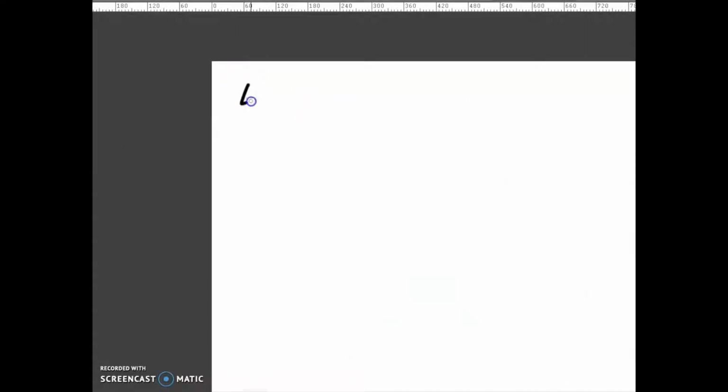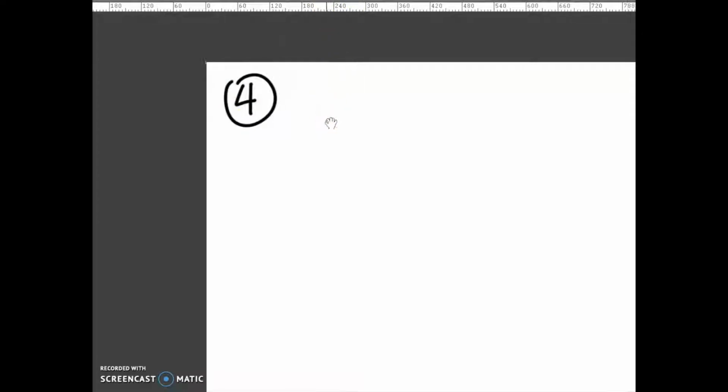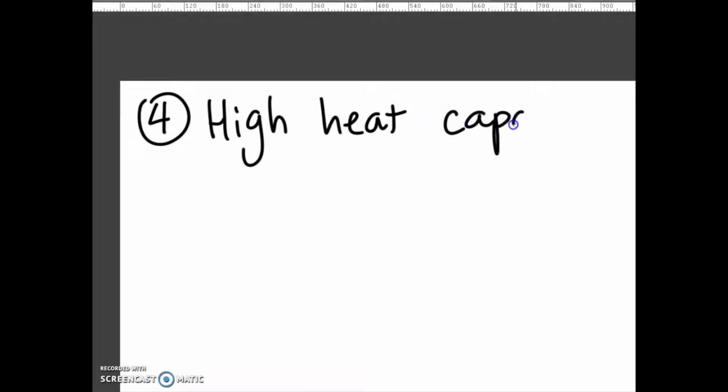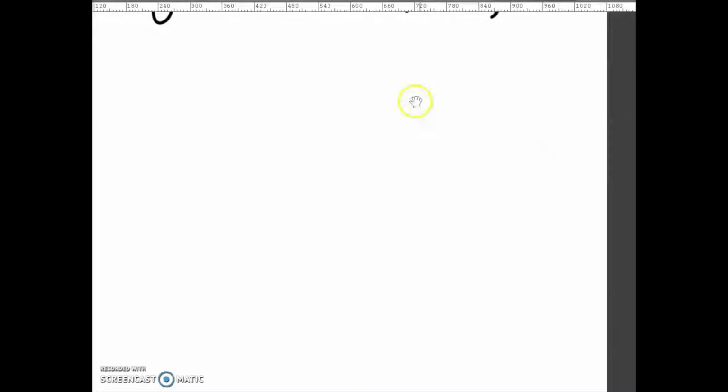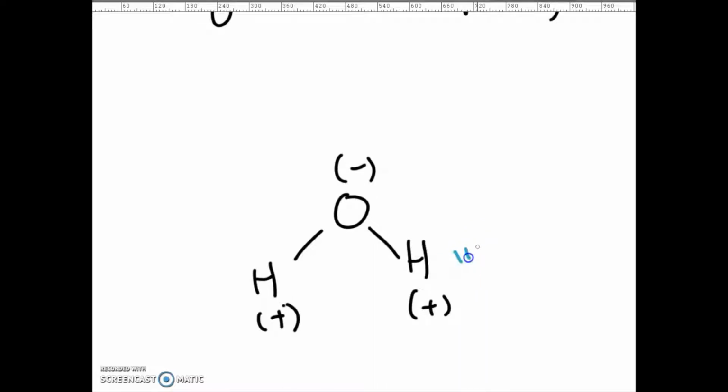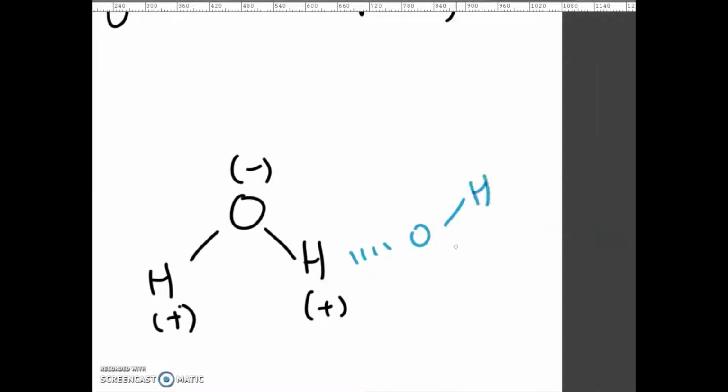All right, your next one, 4 out of 5, almost done. The fourth one is a high heat capacity. So a single water molecule, with its positives and negatives, can actually interact with 4 other molecules of water.